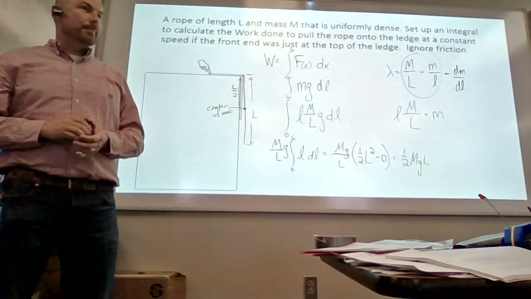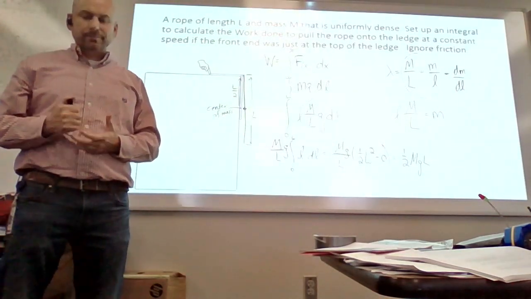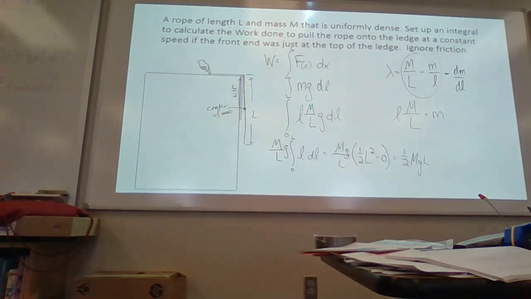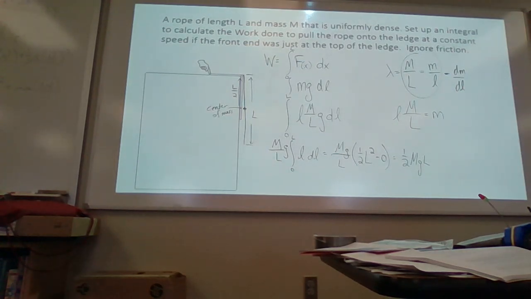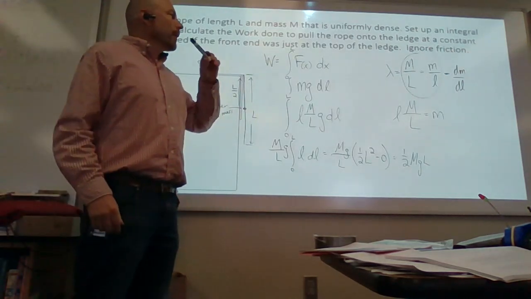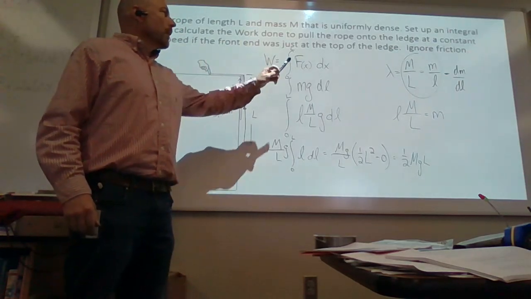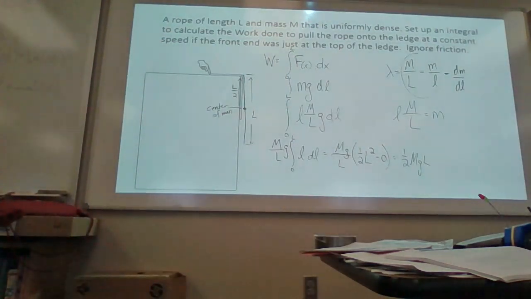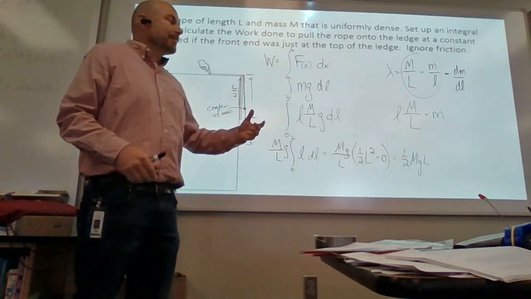You could have also just done this in terms of mechanical energy, since it's constant speed, so we know the change in kinetic energy is 0. How does this work with changes? Sure, you can. You would have a change in force, which would cause a change in speed, like if you pulled it up with a force that was defined as x squared.